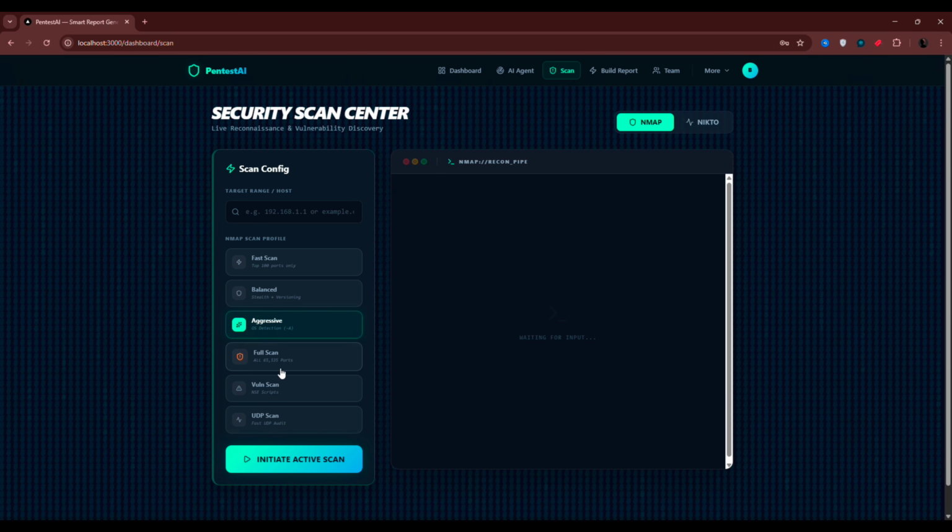I have also implemented the full scan, which scans all 65,535 ports, and the vuln scan, which finds vulnerabilities in a particular system and gives the CVEs for that particular exploit. We can enumerate, and we can exploit also in future as we need. Lastly, I have implemented the UDP scan.